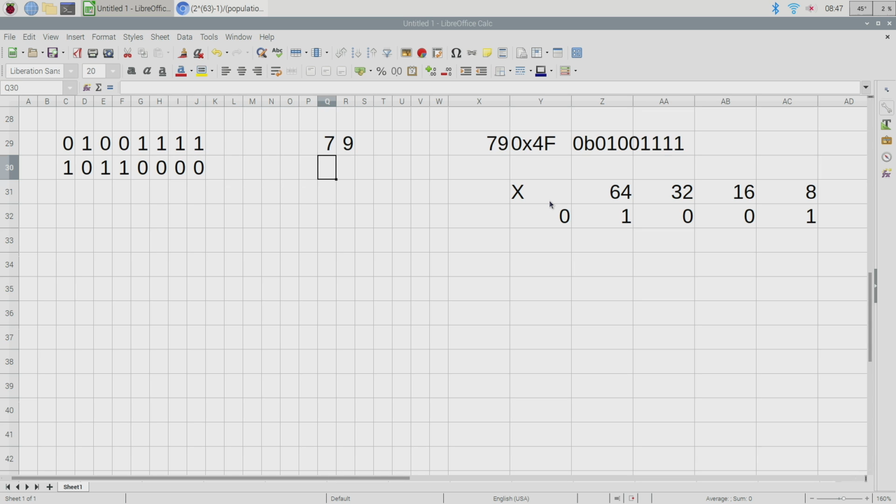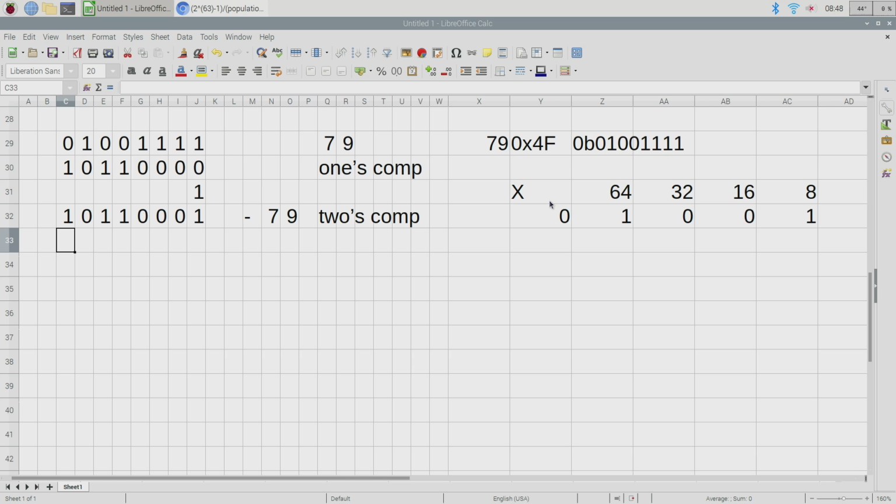And what do we call this? The ones complement. Then I'm going to add 1 to this number, and that gives me this. This is the 2's complement, and this represents negative 79. So that number is minus 79.